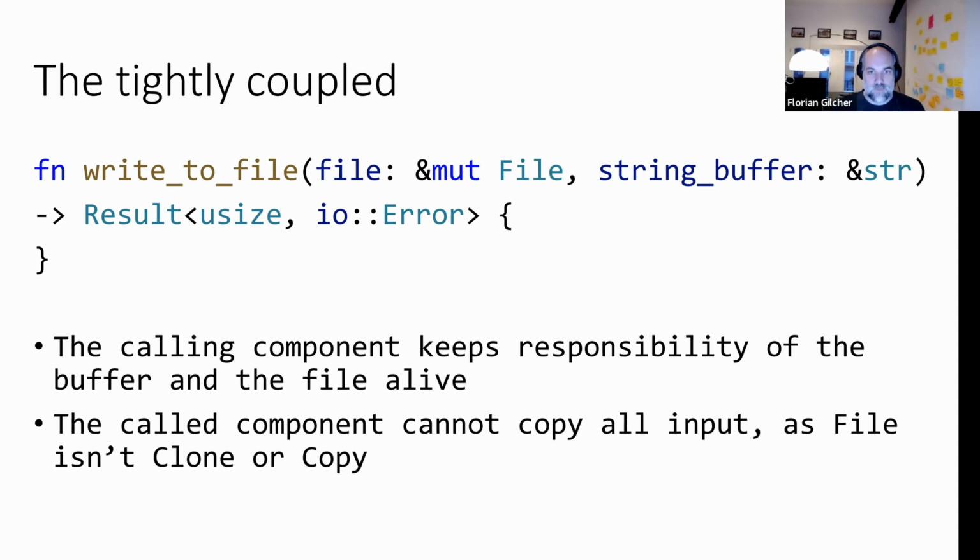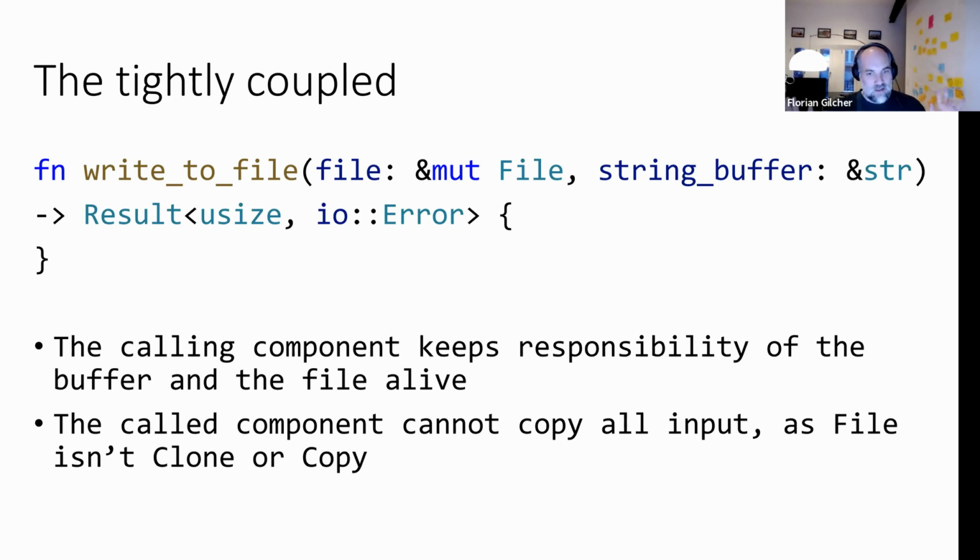And the third one is coupling even a little tighter, in that all responsibilities remain in the calling component. Especially because we're passing in a mutable reference here, the amount of stuff that this component needs to fulfill becomes larger and larger. A mutable pointer in Rust, or a mutable reference in Rust, sorry, is unique. So the first component needs to make sure that no one has access to that file until the second component is done with it.